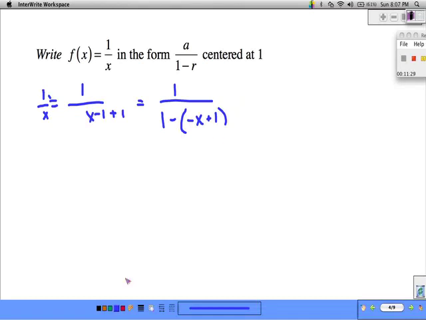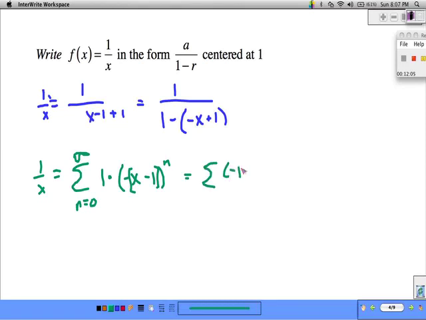So the first term is 1. The common ratio is negative x plus 1. And I can simplify this rule to be negative 1 to the n times x minus 1 to the n.